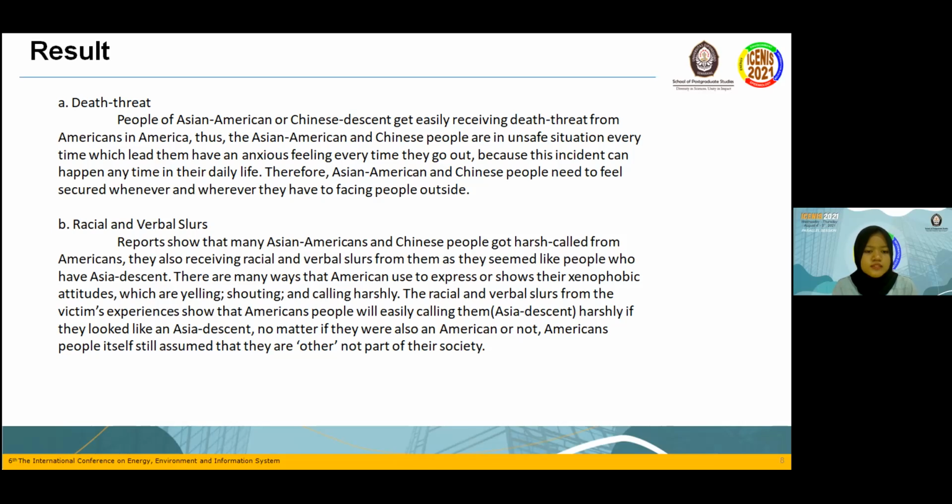There are many ways that Americans use to express their xenophobic attitudes, which are yelling, shouting, and calling harshly. The victims' experiences of racial and verbal slurs show that Americans will easily call them names harshly if they look like they are of Asian descent, no matter whether they are also American or not.